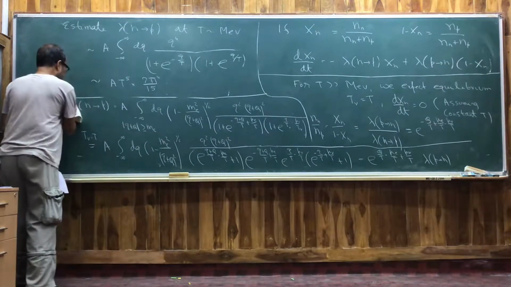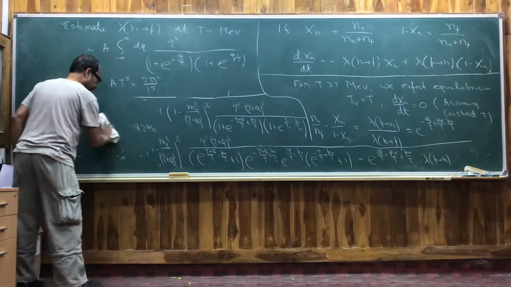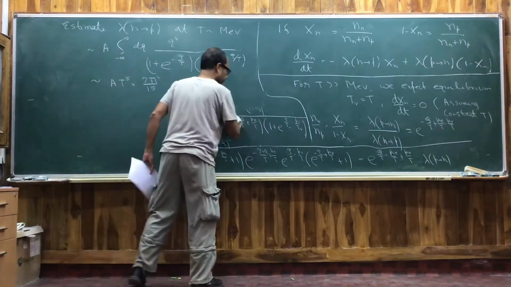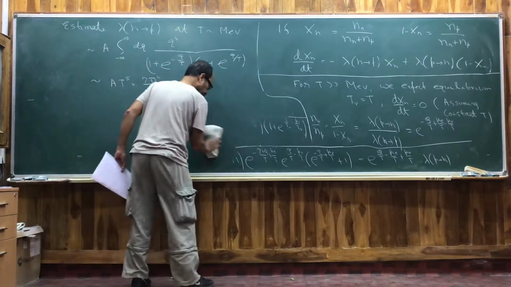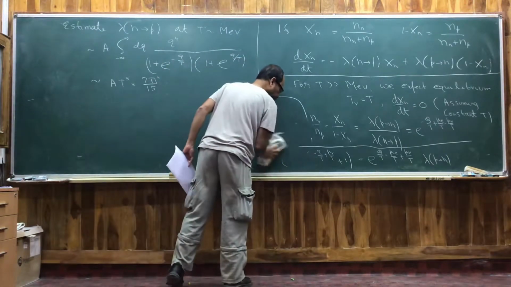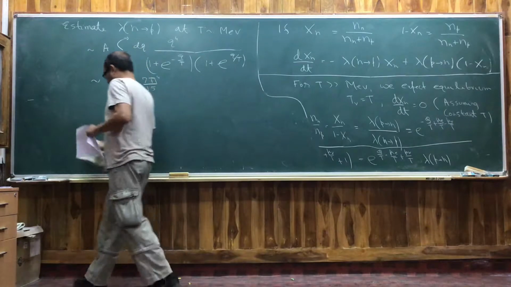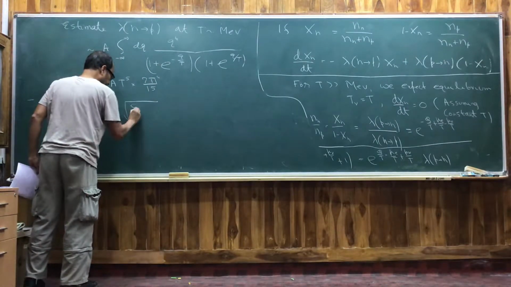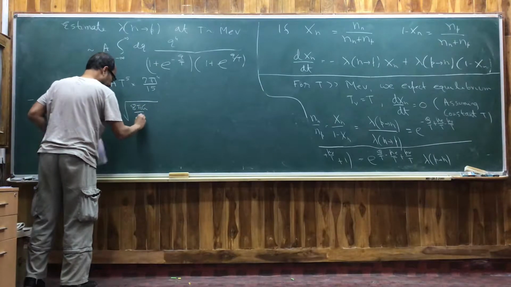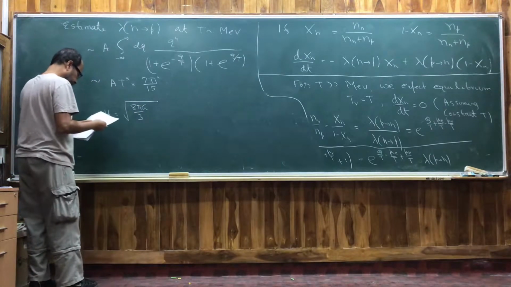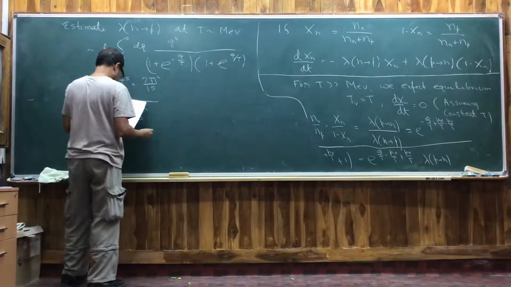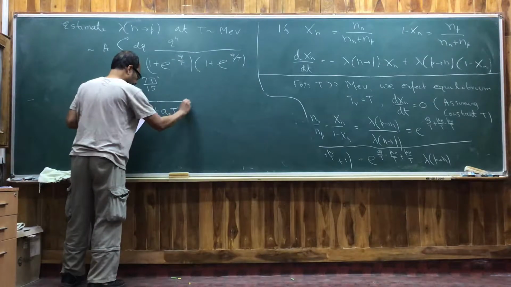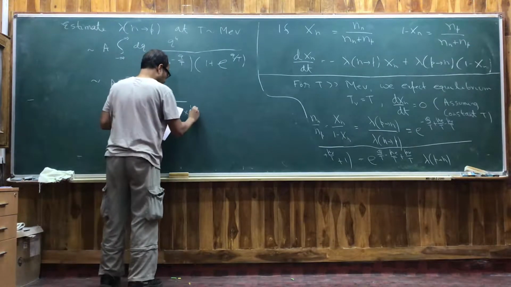You can also calculate H, which you have done before. H is square root of 8 pi G over 3, and then we had one half a_B T to the 4 times 43 over 4.